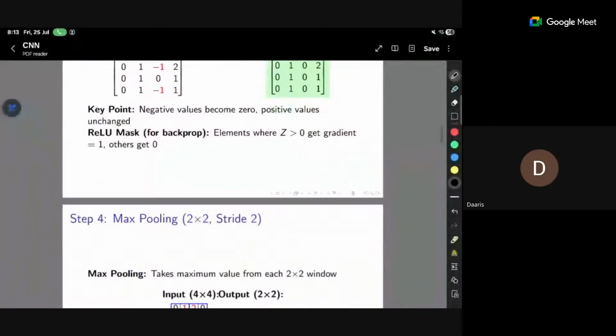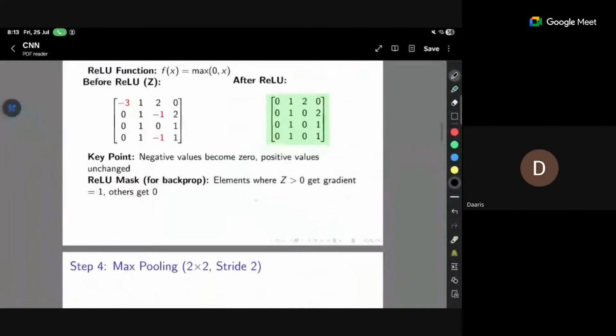Now, just in case, remember that when we do back propagation from ReLU to something, right? So let's say ReLU and some input we have given. Now, when we do back propagation with respect to the input, wherever the value was positive it will get 1 and the rest will get 0.